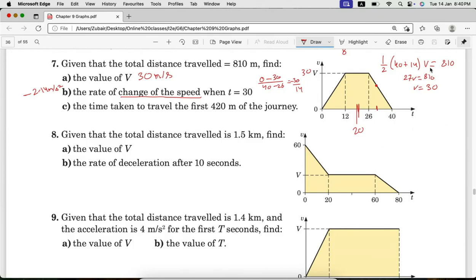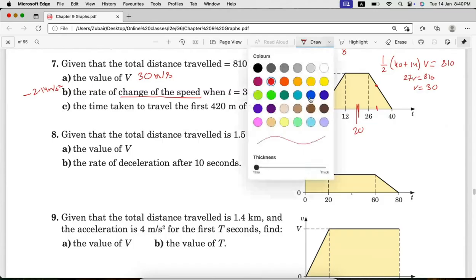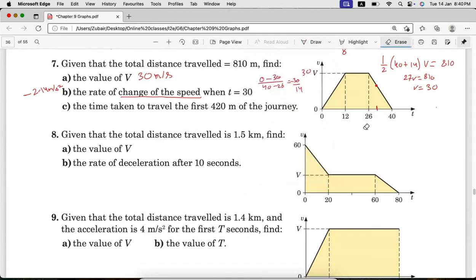See, this is area. I hope you know that. Now, if this is area and it says time taken to travel the 420 meters, I'm just checking what this is. This is 1 by 2 into base into height. So that's 1 by 2 into base into height, and I'm getting 180.